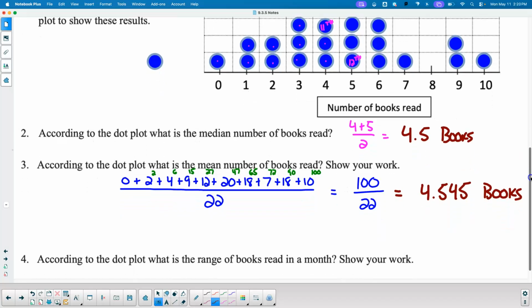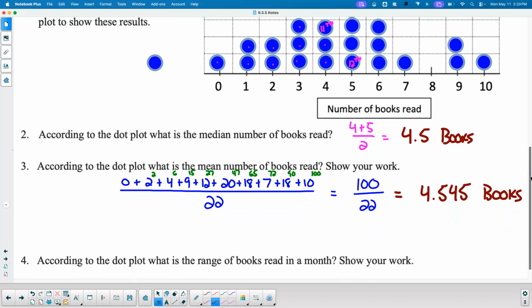Last question for this set of data. According to the dot plot, what is the range of books read in a month? Ken, how'd you come up with that? I think she meant the other way around too. Meant it the other way around? You could have changed it.